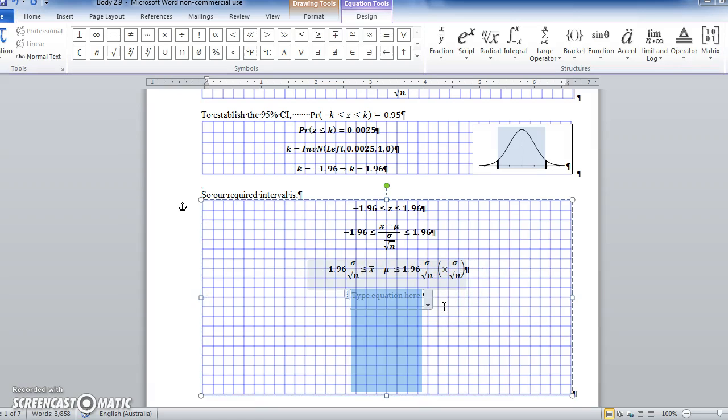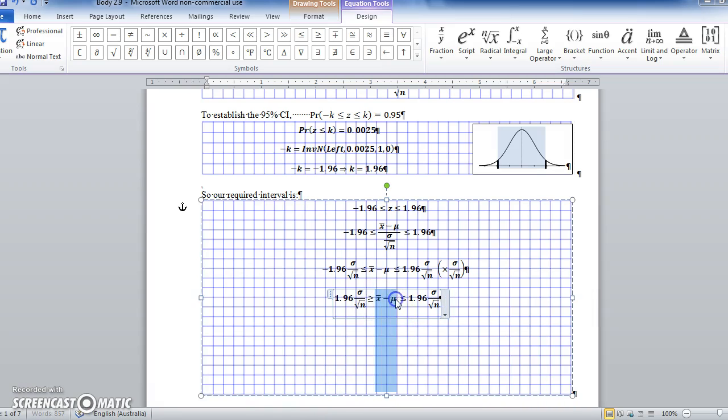And then what we can do is go through and divide each of these sections by -1. But remember, if you go back to your inequalities, when we do that, the inequality sign has to change, has to be reversed. So if we divide this one by -1, that negative gets removed and this inequality sign changes.